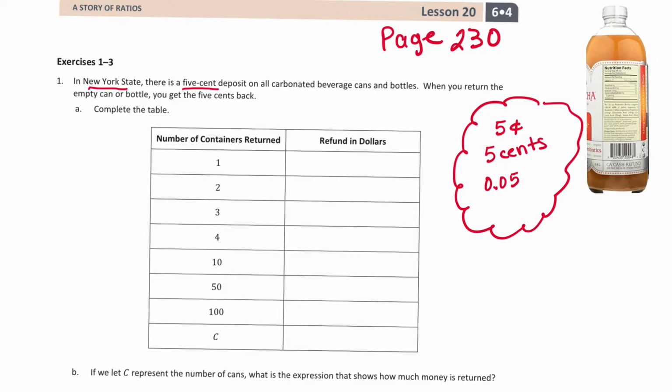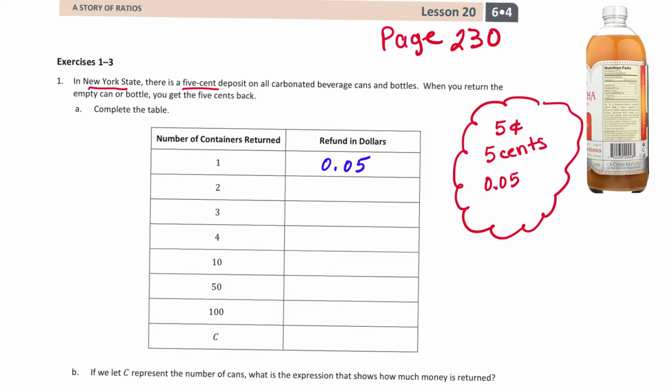So let's go ahead and write that. We're going to stay with using decimals so that you feel more comfortable whenever you're working with decimals. Please don't write just 5 by itself because that can be interpreted like $5. Try to make sure that you write either 5 cents so you know it's cents or just do the decimal. But try to be with me. Do the decimal so that you don't get confused when I'm doing it.